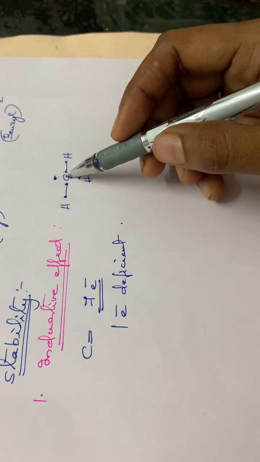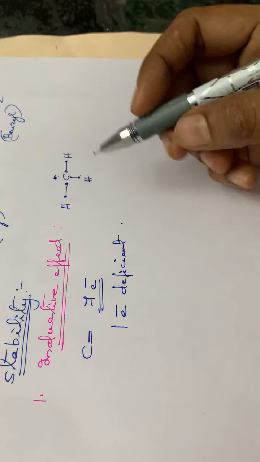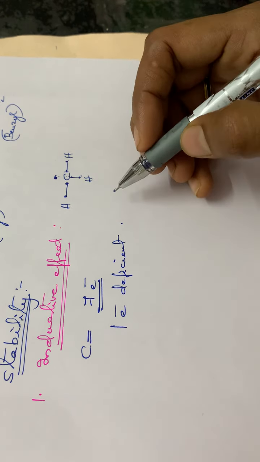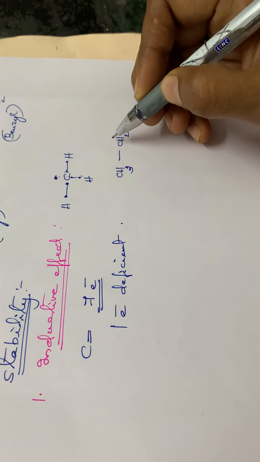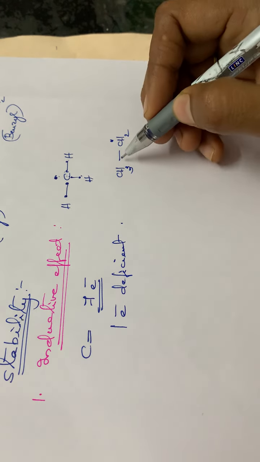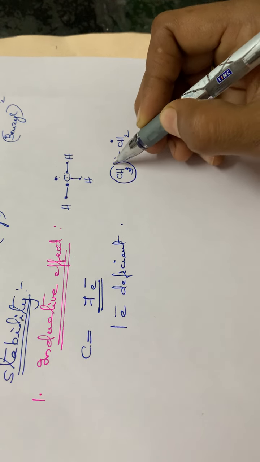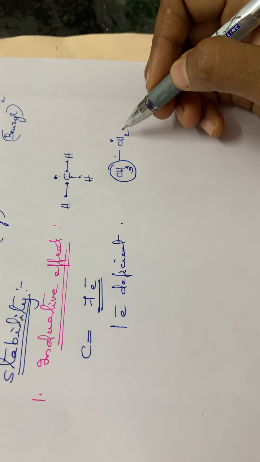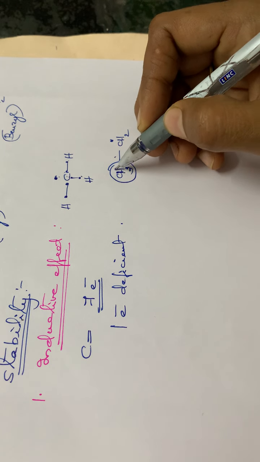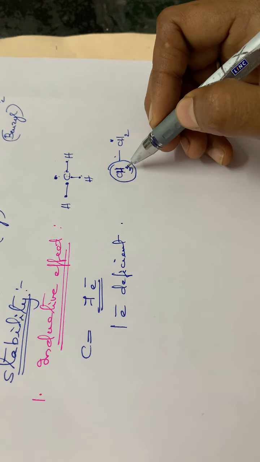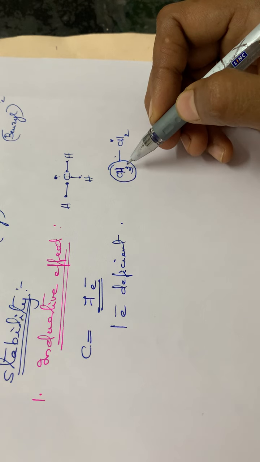This carbon atom has an unpaired electron, and when a CH3 group is attached to it, the methylene free radical CH2 dot, what is the electron displacement effect of the CH3 group?